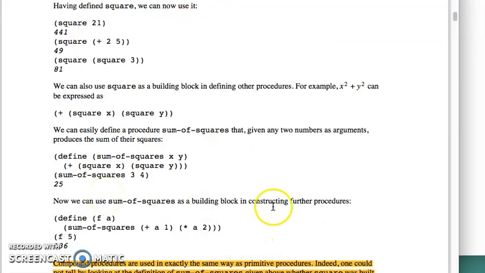Now we can use the sum of squares as a building block in further procedures.